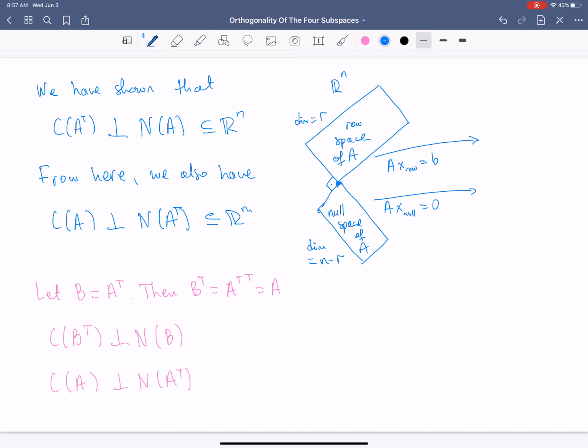So with Ax equals b, remember, b is a linear combination of the columns of A, so this b is in the column space. So we have the column space here. This picture is in Rm. We have the column space of A, and that space is orthogonal to the left null space.